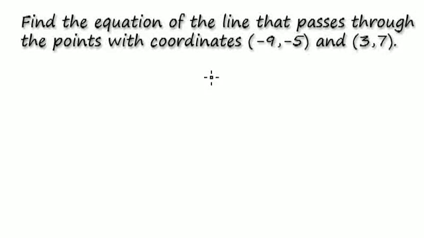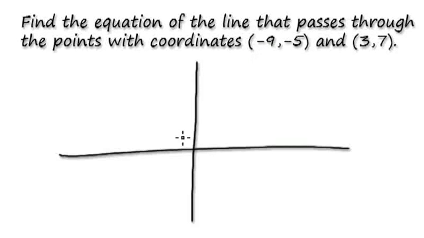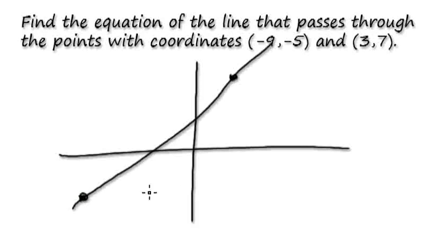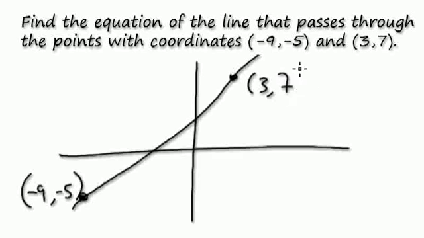To do this, let's draw the diagram. -9, -5, I'm going to guess around here, and then 3 across, 7 up around here. Draw a rough straight line. This point is -9, -5 and this point is 3, 7.